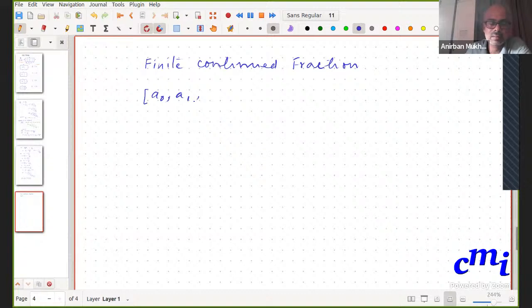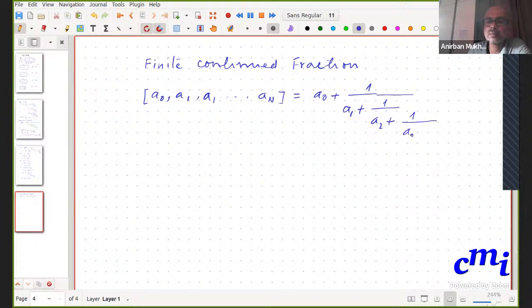It doesn't really matter. So this is a finite continued fraction, and this is the notation. The number we have is a0 plus 1 over a1 plus 1 over a2 plus 1 over a3, and so forth.